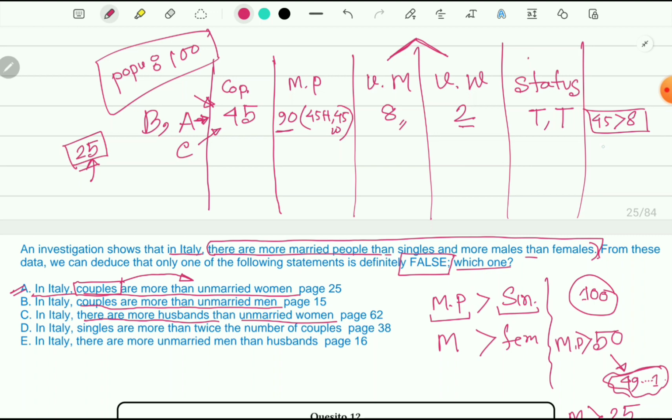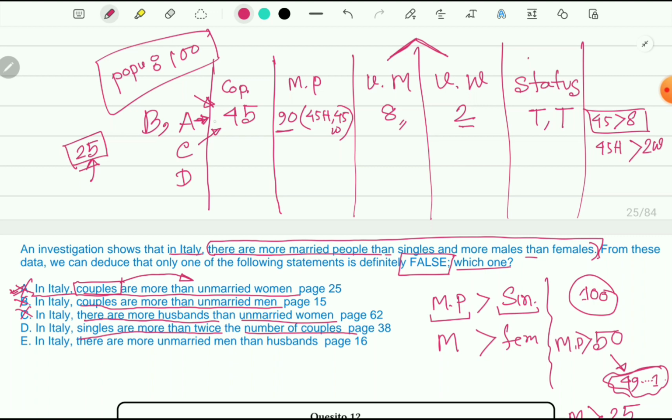We can simply say 45 husbands is much greater than 2 women. So a single case study proves all these 3 true. That means they are not the answer, because we have to find the false statement. Let's talk about D. Option D tells us singles are more than twice the number of couples. Okay, so singles are more than twice.